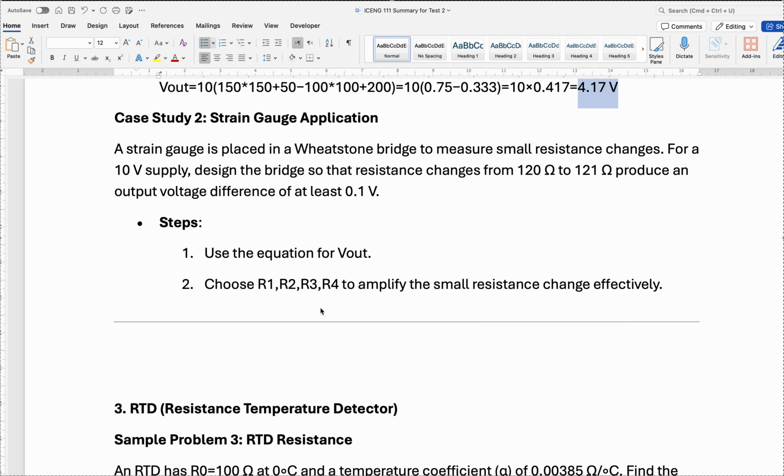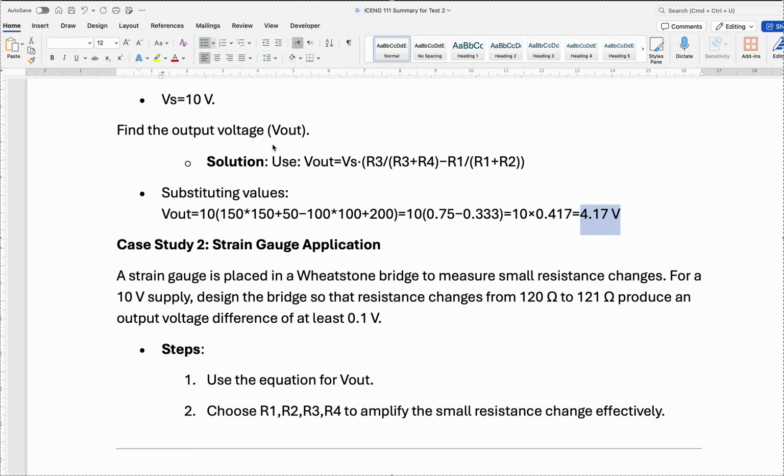Now the steps here: V out, in which I already showed you the equation, which is this equation at the top here. And then we are going to select R1, R2, R3, and R4. So we are going to select the suitable resistors. And of course, one of those, R4, is that 120 ohms.